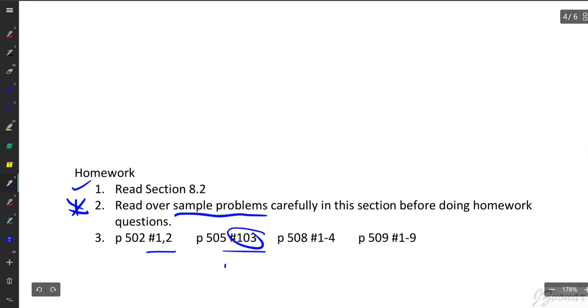There is a typo there: it's questions 1 to 3, folks. So first read the sample, then try the questions that follow it. Each tutorial gives you some sample problems to look at, then try the homework questions. It will be very easy for you to do, so good luck, and we will see you in the next lesson.